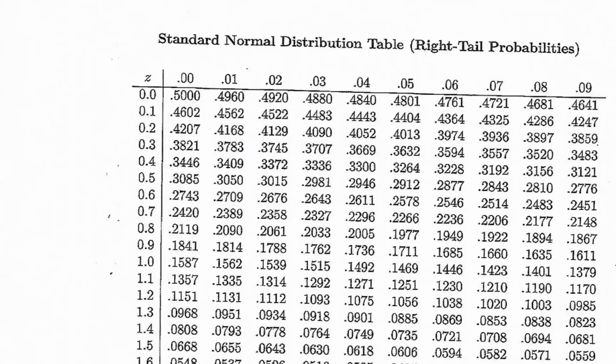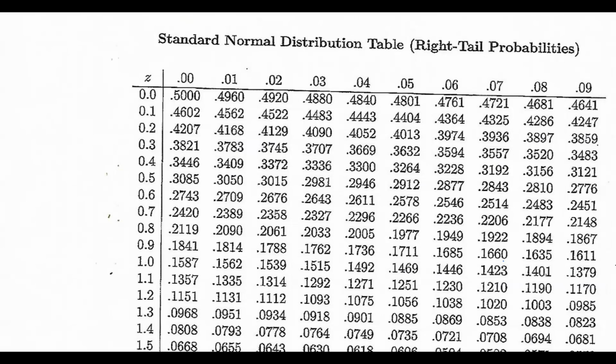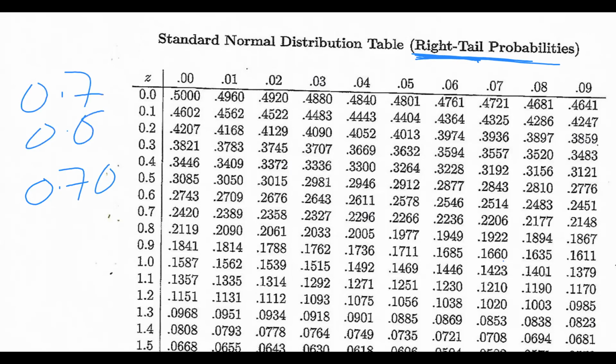So this is how you go about it. When you are dealing with the one that gives the right tails, forget about the negatives. You just get the absolute values. So 0.70, how do you break this down? It shall be 0.7 plus 0.00, isn't it?